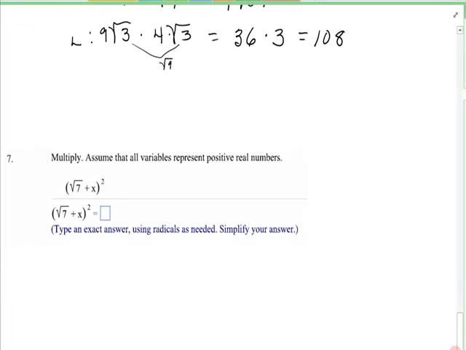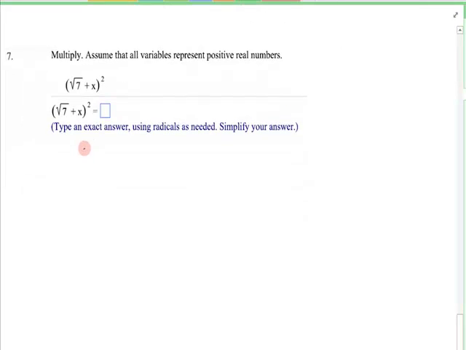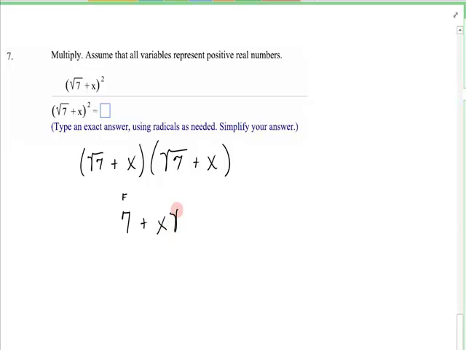All right, let's look at one more. I have the square root of 7 plus x, quantity squared, so I'll just write it down twice. All right, the product of the first. Square root of 7 times square root of 7 is 7. The outer product is x times the square root of 7.